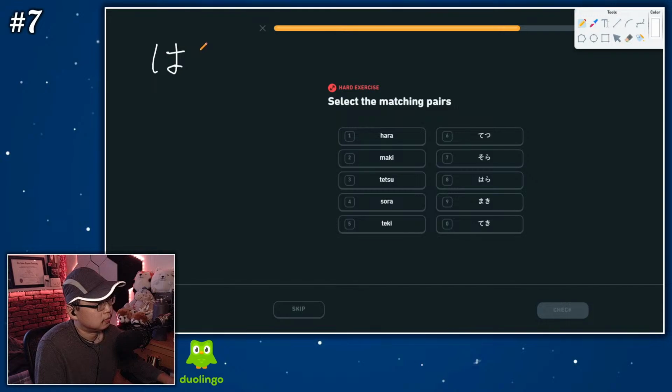Oh, ra is... and then ma ki, he, tsu, so, ra, te i.